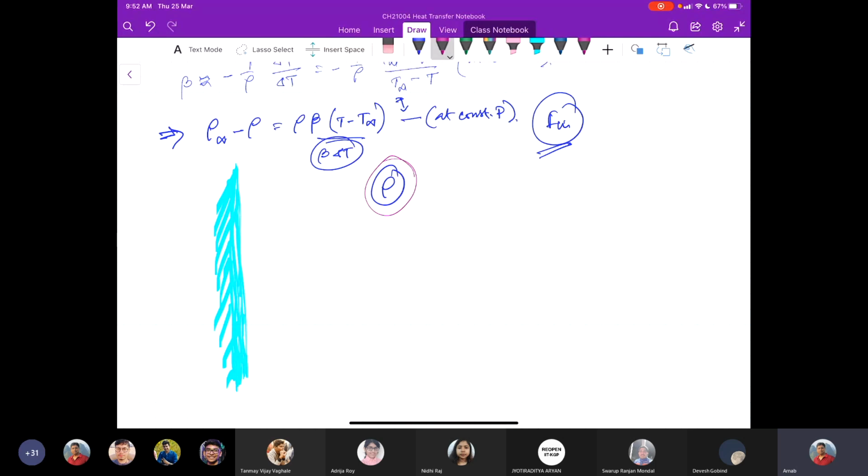Here the free stream means far away from the considered surface. As such, that is not a free stream, but the infinity location where we have quiescent air. But there is a density difference, because that is what drives the natural convection.